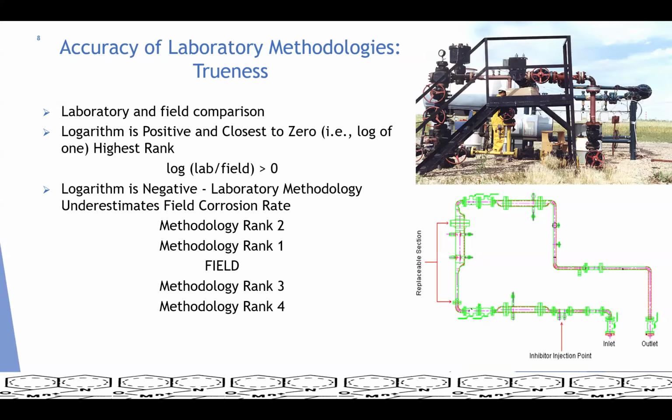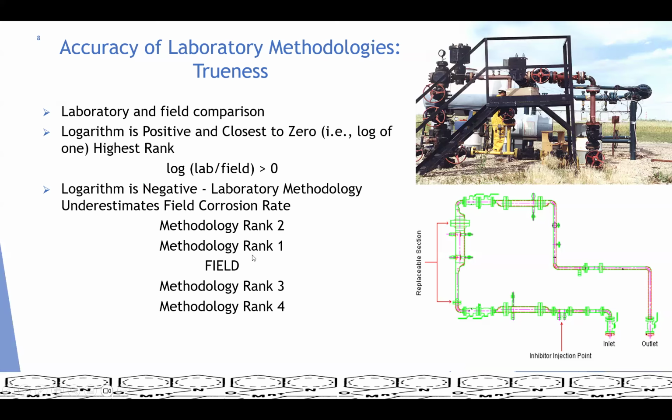And then they compared how far the lab test mimics the field test, for which we defined logarithmic. If the logarithmic of lab to field is positive and it is close to zero, that methodology to a larger extent reproduces the field conditions in the laboratory. That is closer to the trueness.